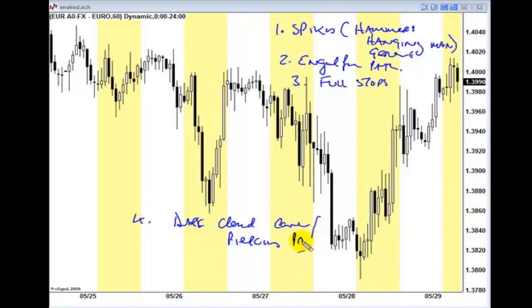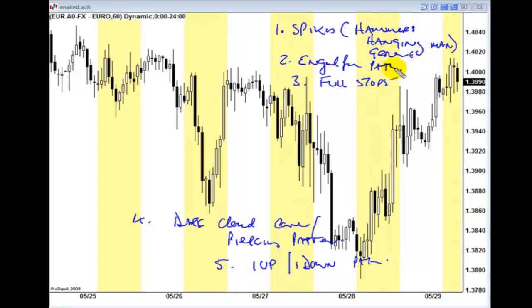Same thing. And I'll go through those individually. And the final one is the one up, one down pattern.